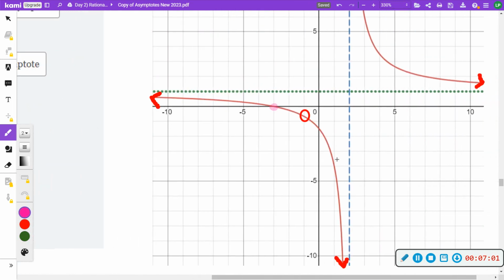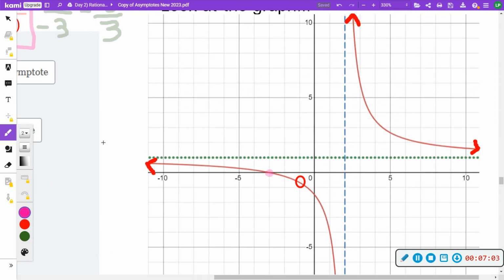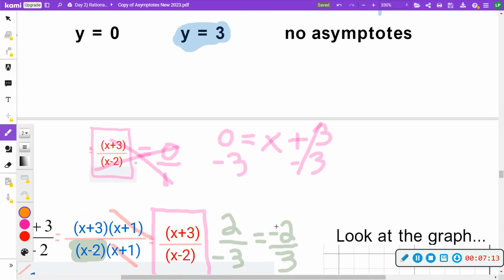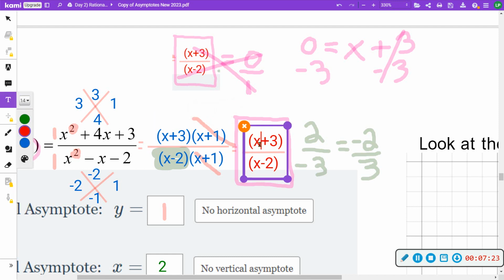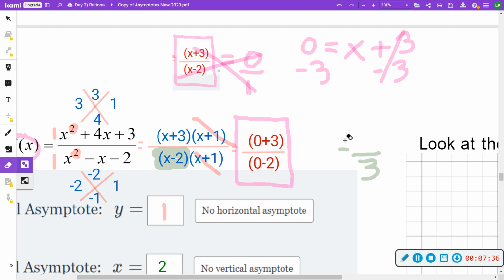Now what's the y-intercept? It looks like the y-intercept is right here. How do you find that y-intercept? To find the y-intercept, you plug 0 into your function, and you're going to plug it into the simplified function. So I'm going to put 0 there and 0 there. 0 plus 3 is 3, and 0 minus 2 is negative 2.